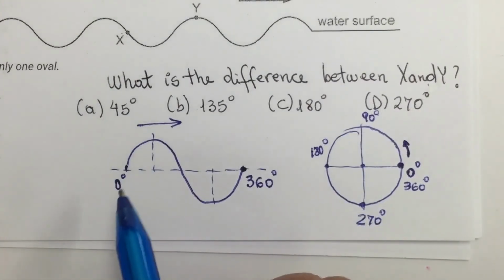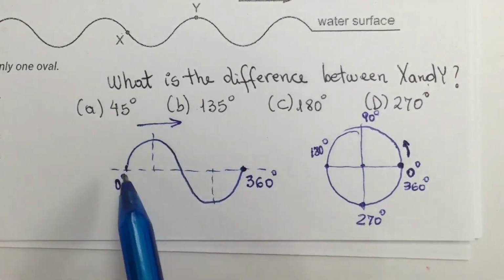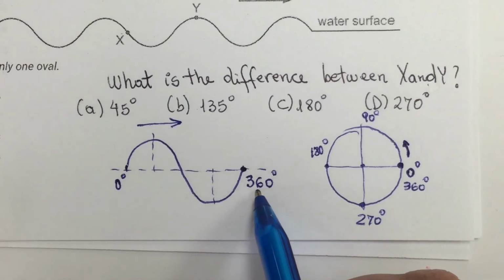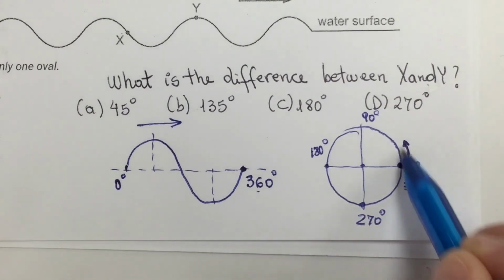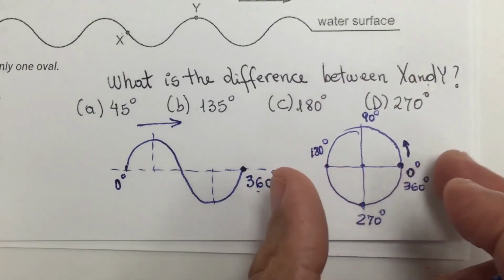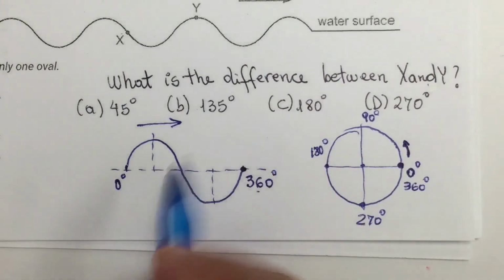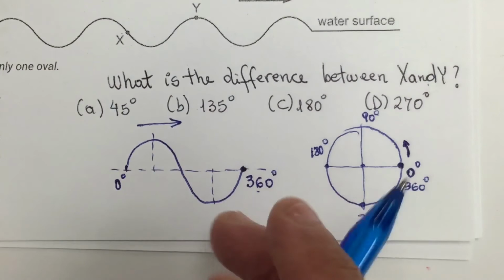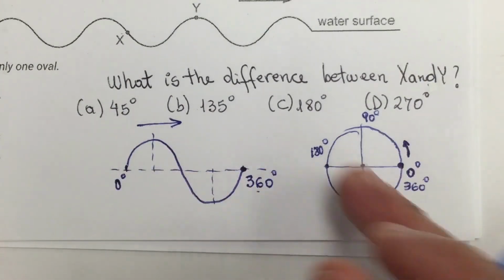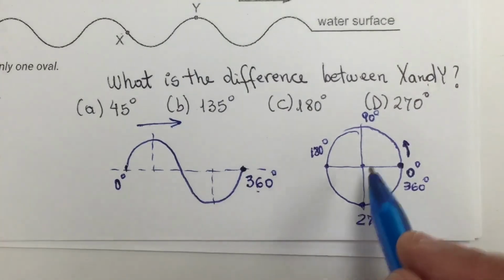Likewise, if this wave is moving in this direction, we start with 0 and end at 360, just like we did here, but in a horizontal view now. It's like we have two semicircles of this motion.